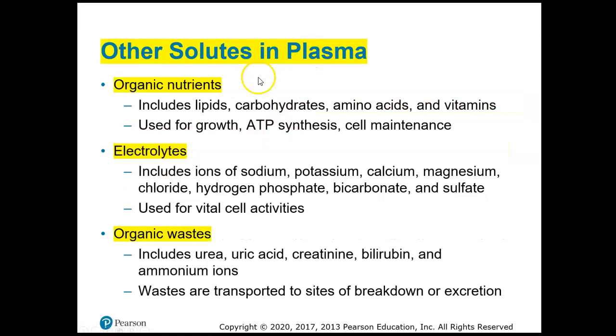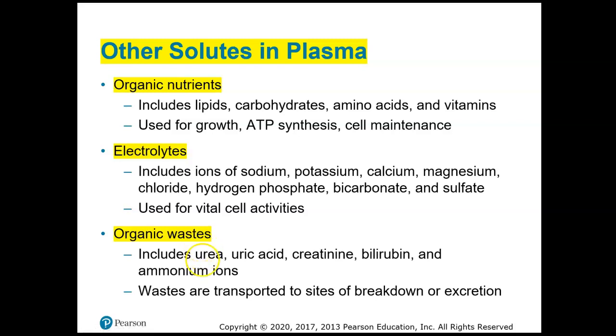As far as the solutes dissolved in plasma, we have nutrients like lipids, carbohydrates, amino acids from proteins, and vitamins. Electrolytes, the important ones being sodium, potassium, calcium, magnesium, chloride, hydrogen phosphate, bicarbonate, and sulfate, are really important for different physiological functions of the body.